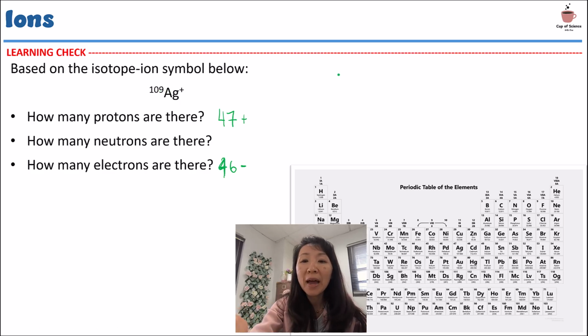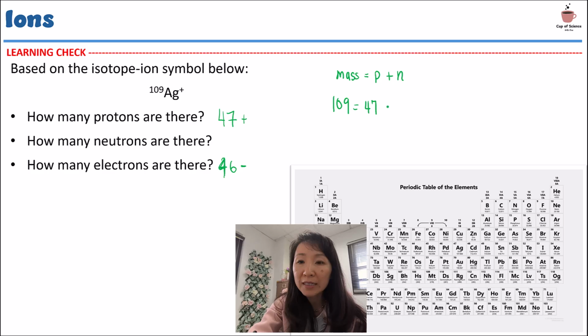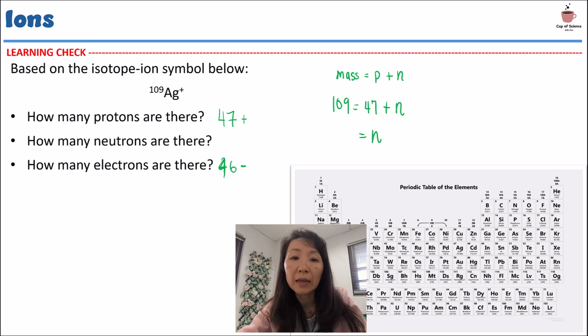The mass number is equal to the proton number plus the neutron number. We know the mass number is 109 and the proton number is 47. So we're solving for N. What is N? 62. So there are 62 neutrons.